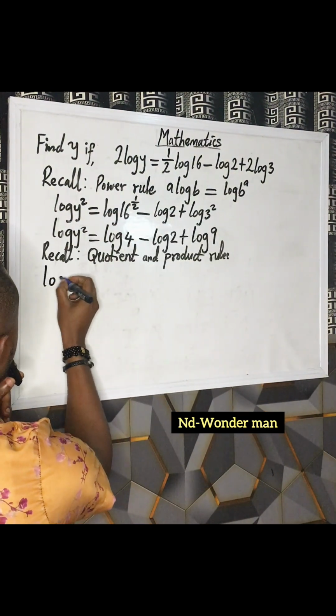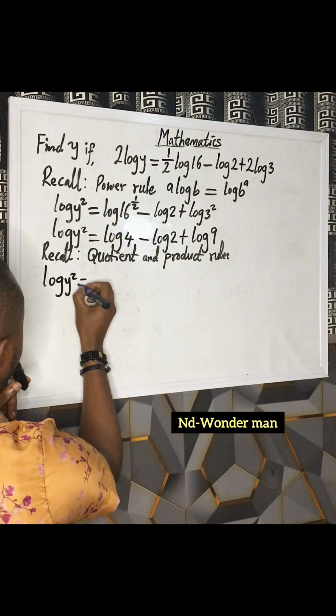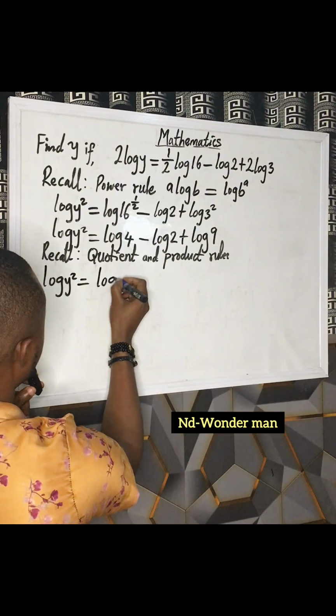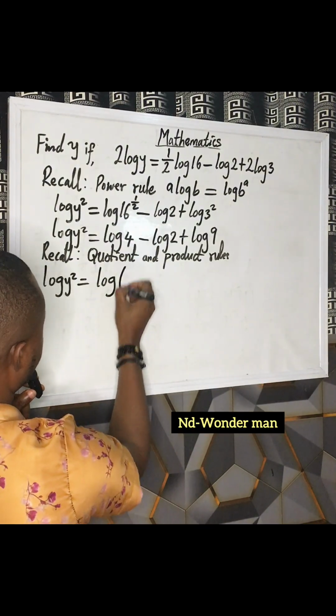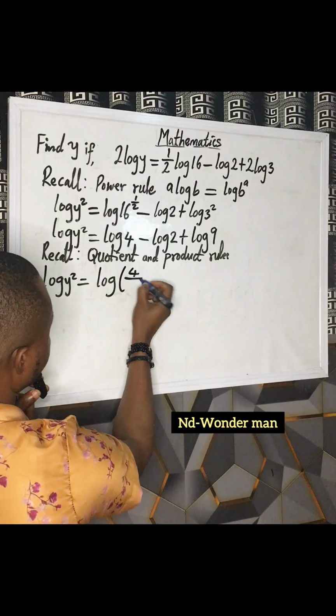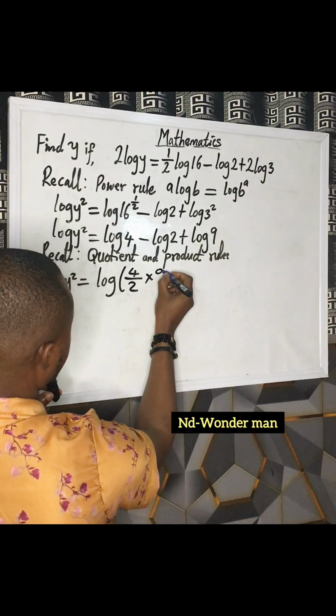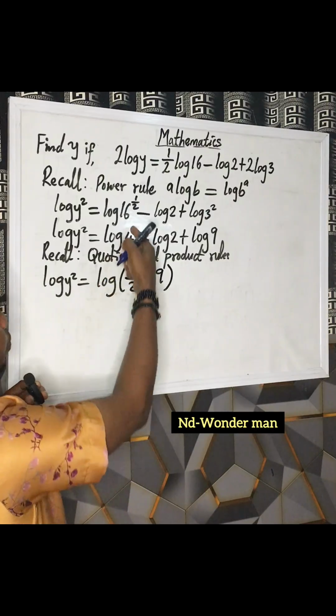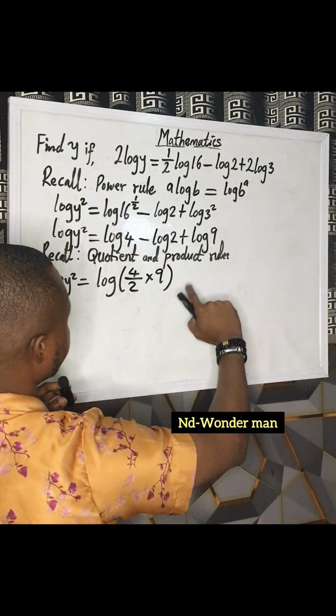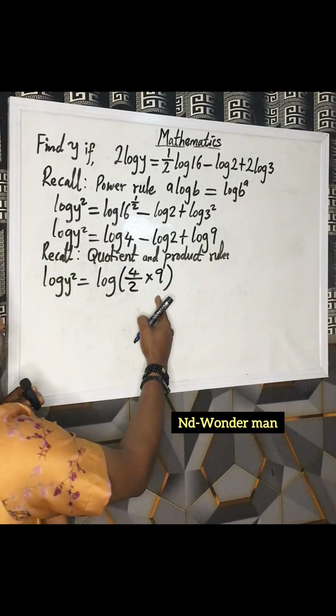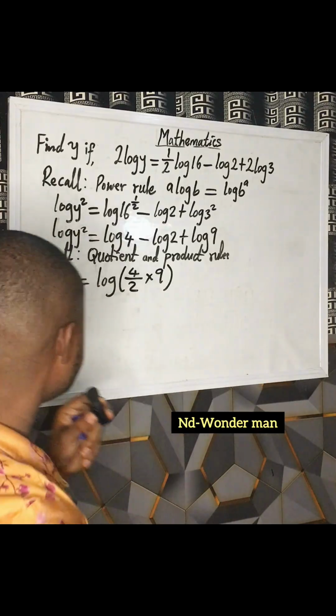We'll have log y squared is equal to log, like I said, 4 divided by 2, then times 9. Yes, quotient rule, 4 divided by 2. Product rule times 9. So that is what we have right here.